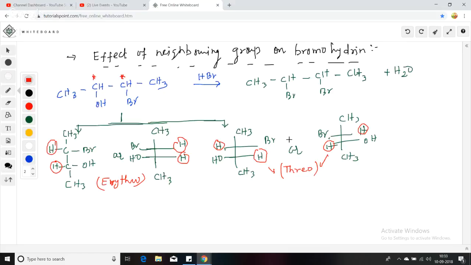Now, a very important point here is that I have written these two structures for this compound only. This compound may be represented as this, or may be represented as these two. Now, when this reacts with this, it gives you this compound, the product. So what is the possible structure here?